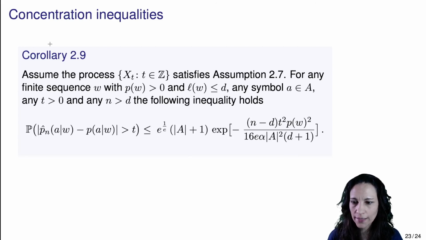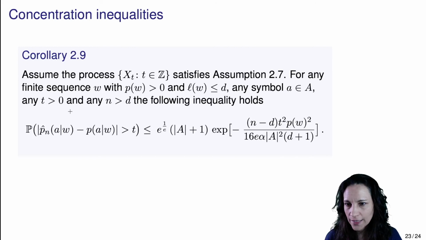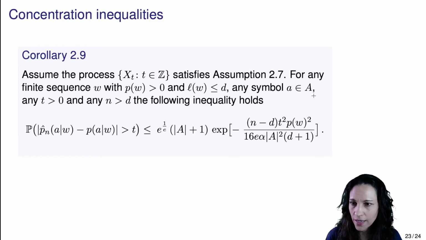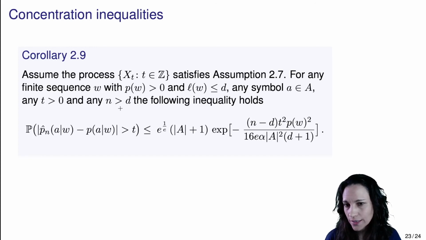this corollary. So assume the process Xt satisfies assumption 2.7. For any finite sequence W with P of W greater than 0 and L of W smaller or equal to d, any symbol A in the alphabet A, any t greater than 0 and any n greater than d, the following inequality holds.